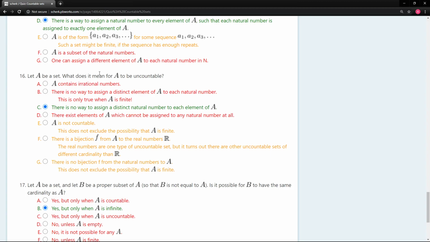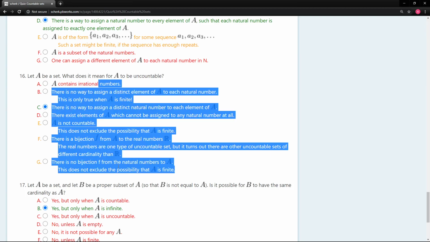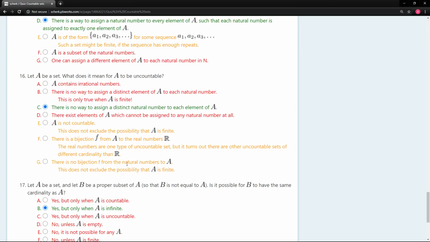As a big picture, we kind of understand what they're saying, but in the small details, it might differ from one uni to another, from one website to another. So it's in those small details where you rely on what you take in class. If A is a set, what does it mean to be uncountable? No way to assign a distinct natural number for each element of A. Sure.